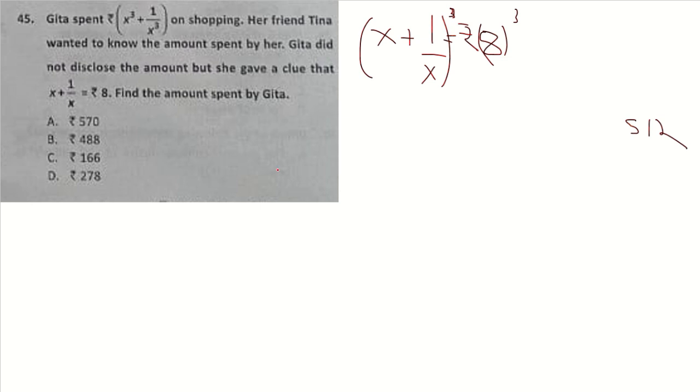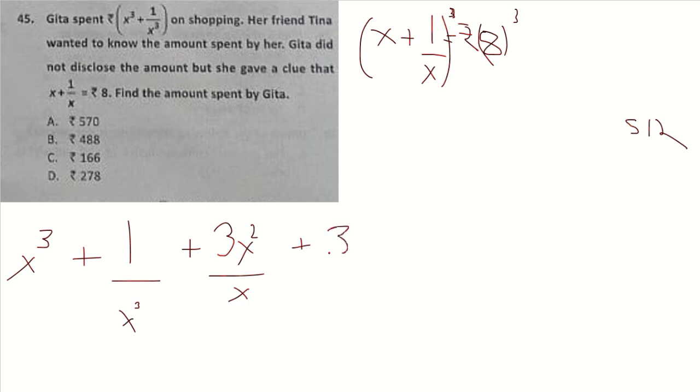So x plus 1 by x whole cube is x cube plus 1 by x cube, which is what we need to find, but there is an addition: plus 3 into x square into 1 by x, plus 3 into x into 1 by x square. Here x cancels out from x square and x, and here as well. So this will become plus 3x plus 3 upon x.